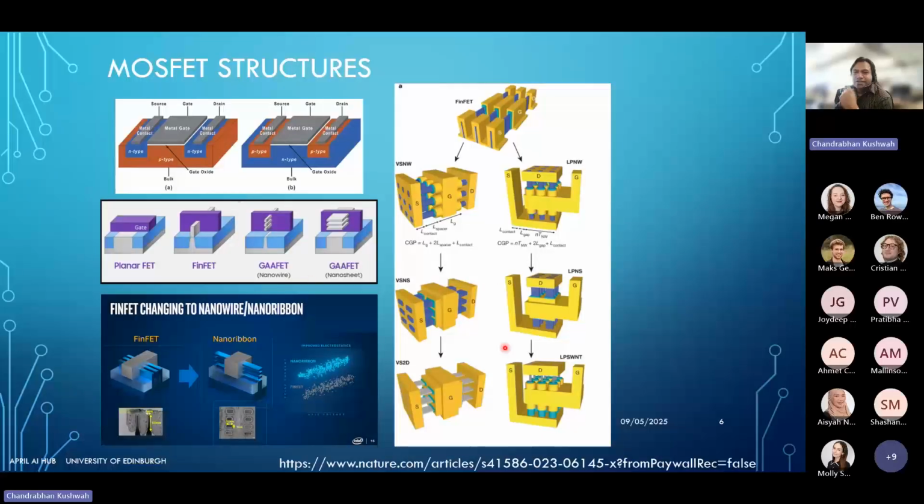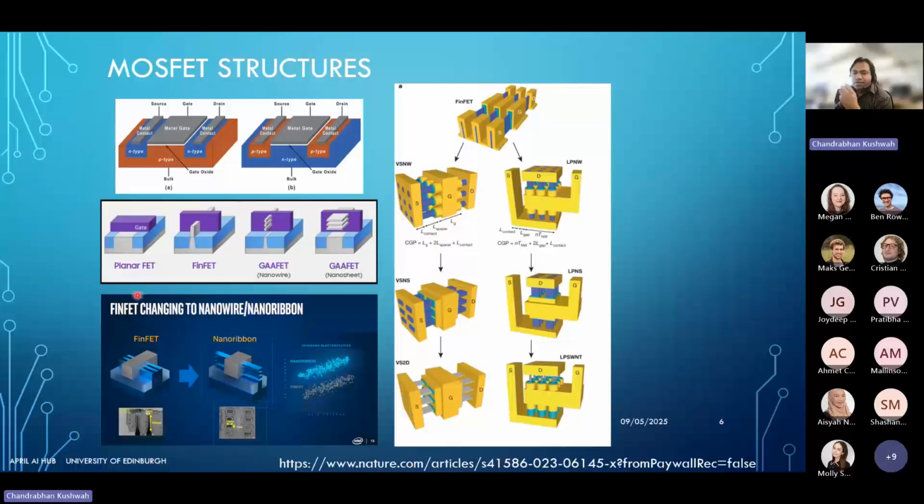Especially this slide captured the architecture evolution of the transistor as we push into advanced technology nodes beyond FinFET. On the top left, there is a CMOS structure, and we are moving from planar to gate-all-around MOSFETs.